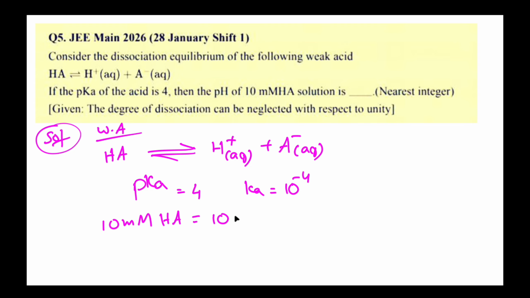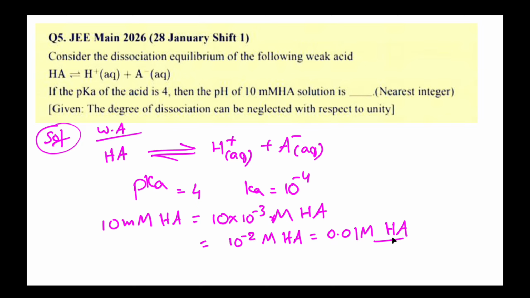Here 10 milli means 10 power minus 3 into that is molarity of HA weak acid. So this is 10 power minus 2 molarity of HA, that is nothing but 0.01 molarity of weak acid. So here they given the degree of dissociation can be neglected. So the concentration of HA is, that is 0.01 M.